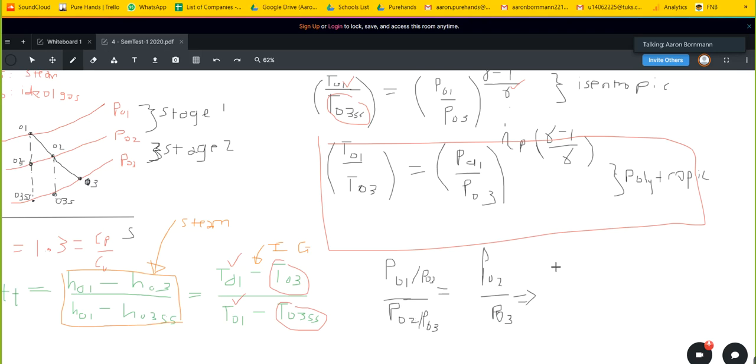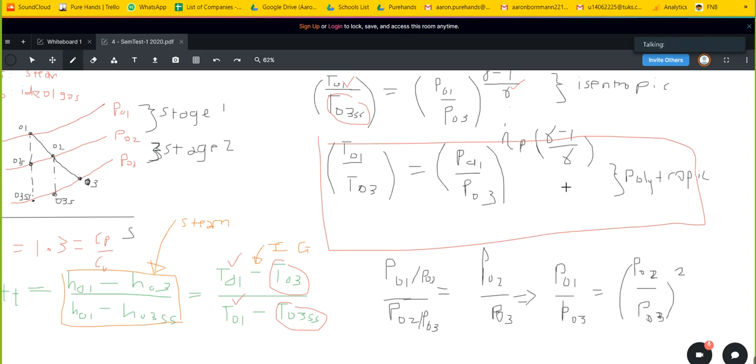It means P01 over P03 is going to equal P02 over P03 times P02 over P03. It's essentially the same thing, so we square it.